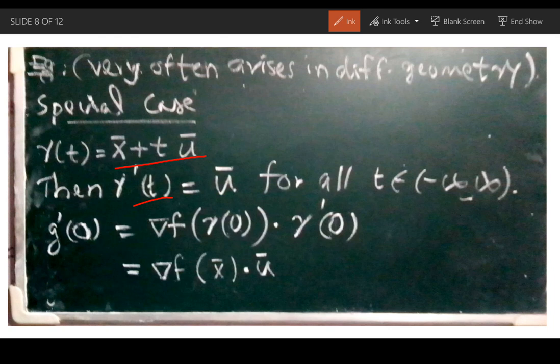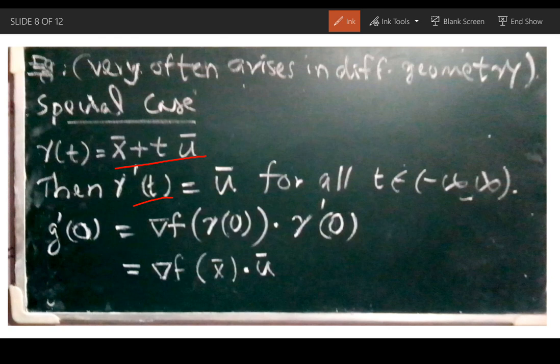What is gamma dash of t? How do you differentiate? Component wise. So if x is equal to x1 etc. xn and u is equal to u1 etc. un, then what is x plus tu? It is x1 plus tu1 etc. xn plus tun. Now you differentiate gamma component wise. So xi plus tui is the ith component of gamma.